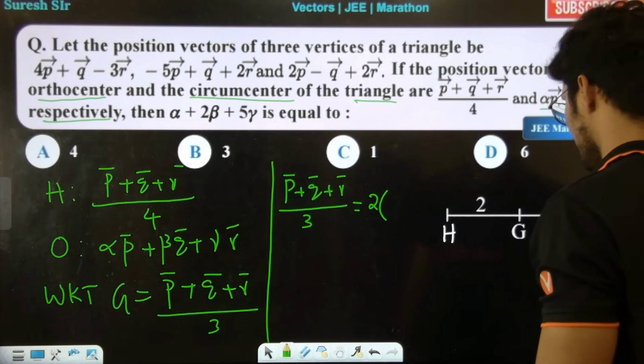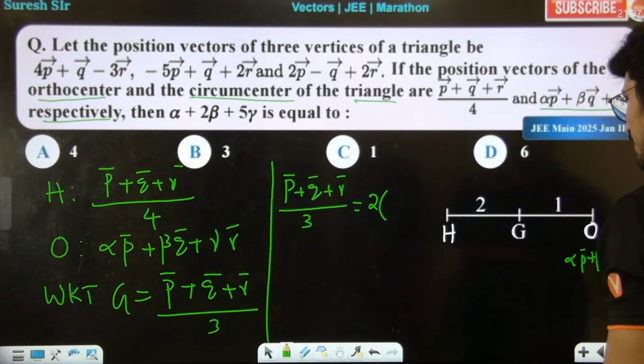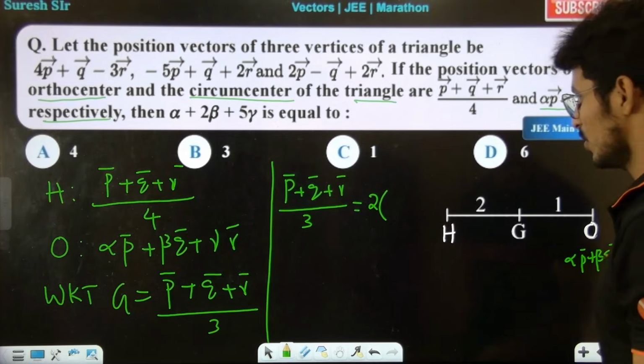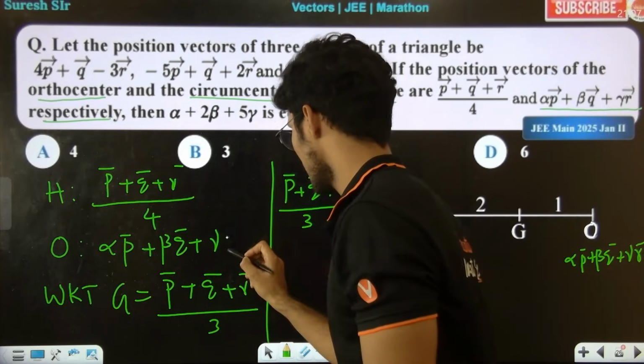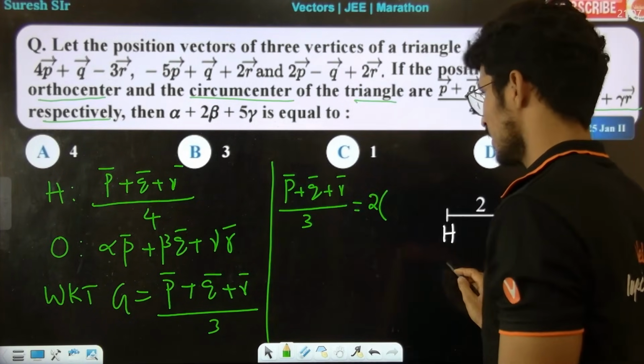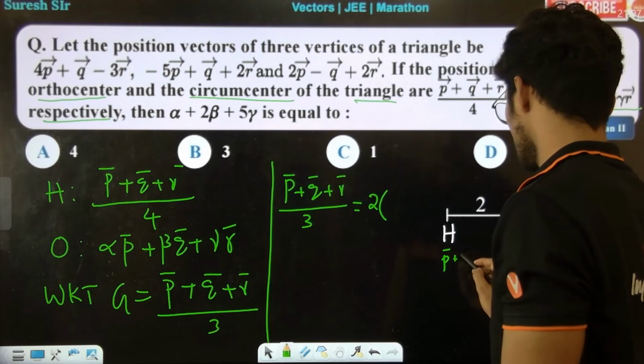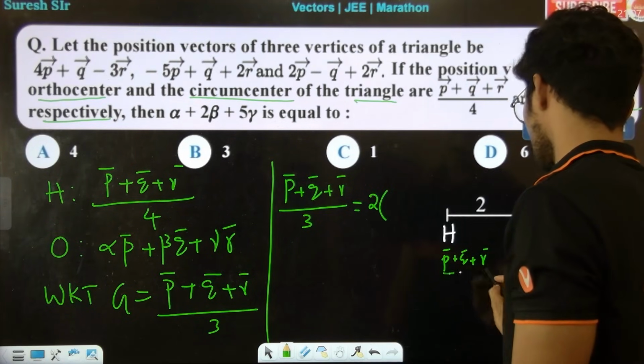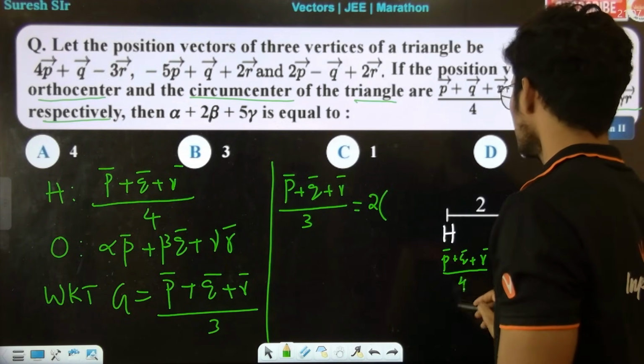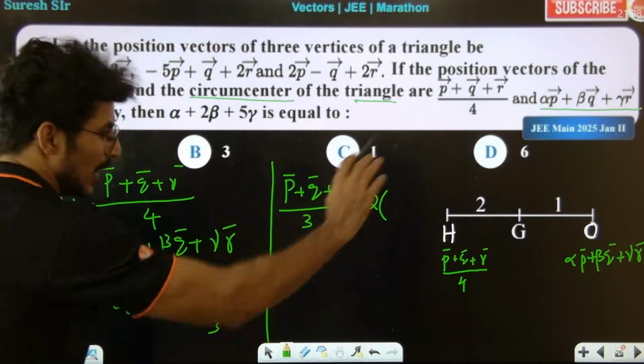Alpha P plus beta Q plus gamma R vector. And what is H here? P plus Q plus R vector by 4. So H is given and O is also given.